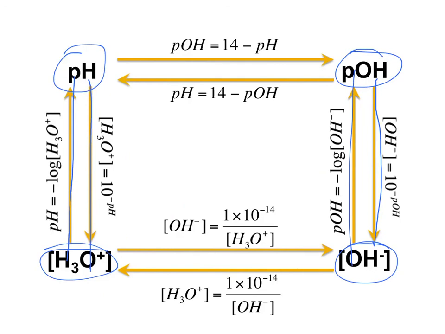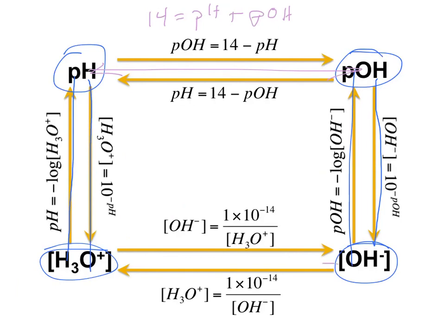Now, between pH and pOH, you're just using that equation of 14 equals pH plus pOH. So just plugging those in and then subtracting that number from 14.